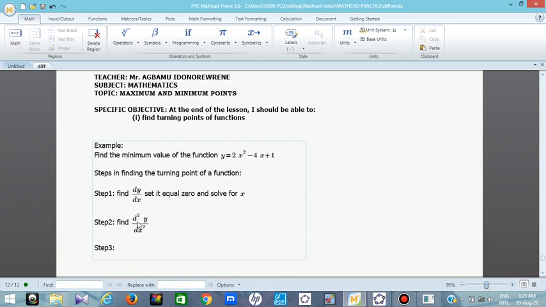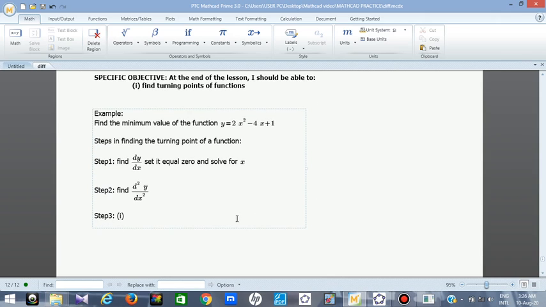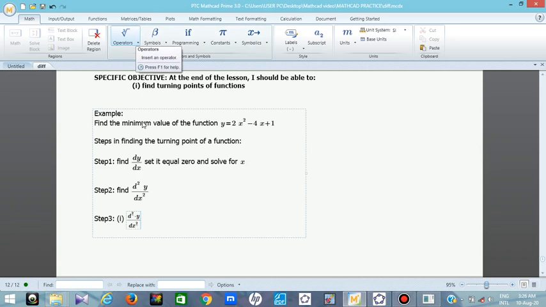So when you find the second derivative, then we have 3 conditions in the third step. In the third step now, let me number them. Condition 1. Let me just copy out this. So if this one, we need to use the operator greater than.